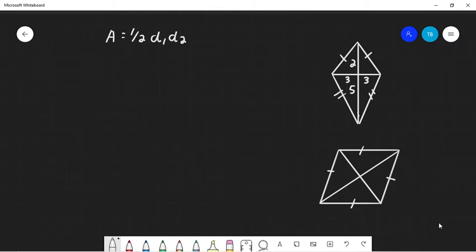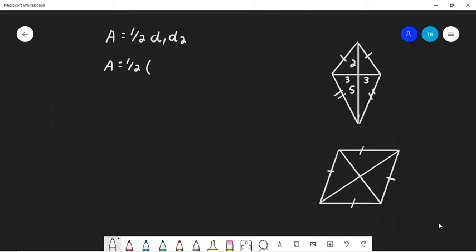All right, so we'll take all that information, plug it into our formula, and solve for the area of the kite. So we'll say that A is equal to 1/2 times the length of each of the diagonals. For our purposes, it doesn't matter which diagonal we pick for 1 and which for 2. It's pretty interchangeable.